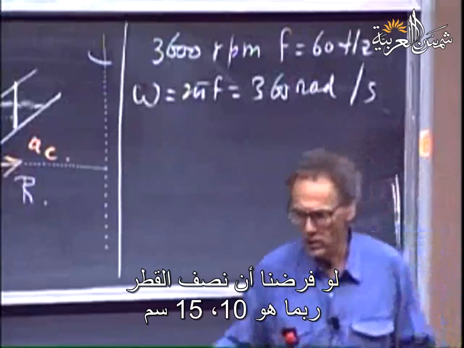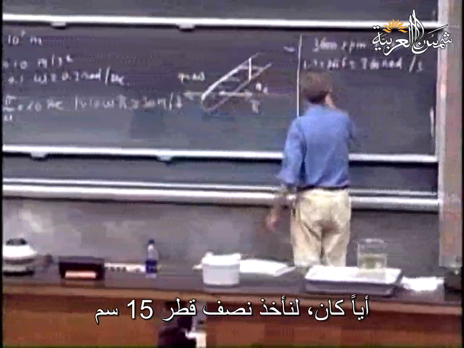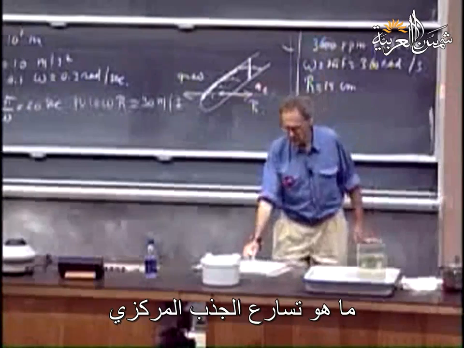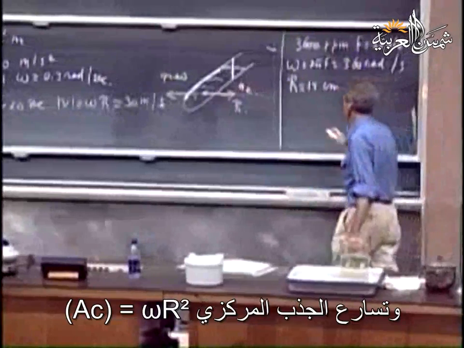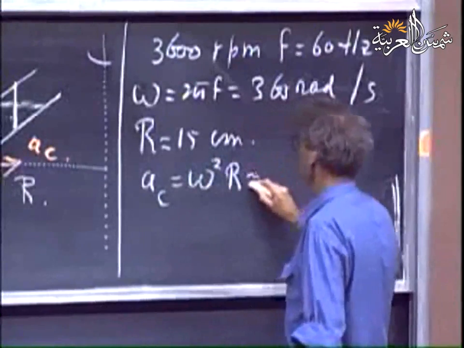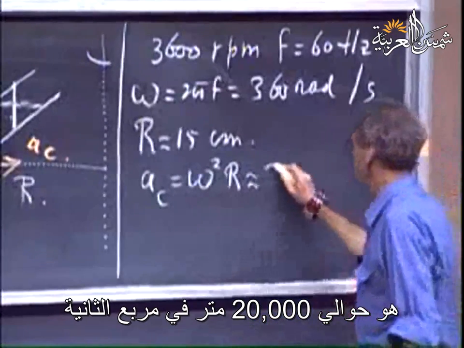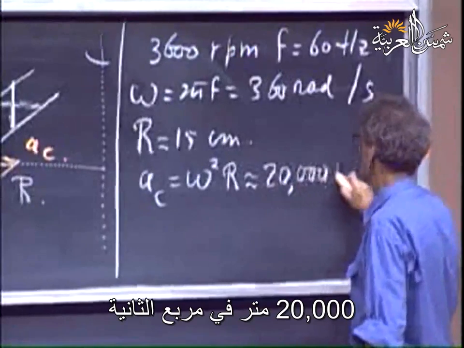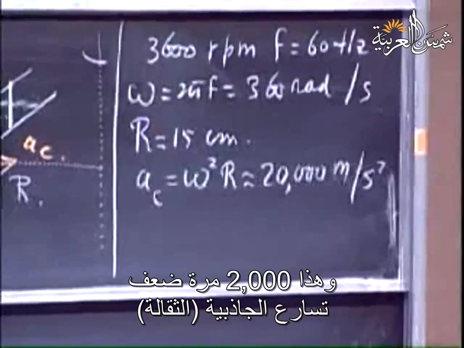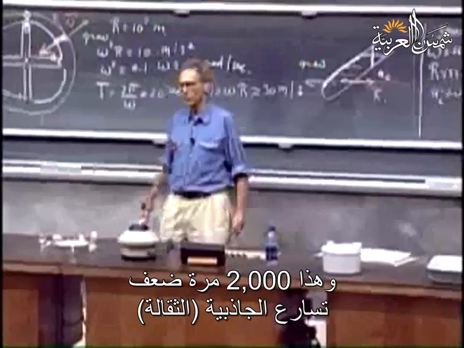If we assume that the radius is maybe 10, 15 centimeters, whatever, let's take a radius of 15 centimeters, we can calculate now what the centripetal acceleration is. The centripetal acceleration a_c, which is omega squared r, is then roughly about 20,000 meters per second squared. And that is 2,000 times the gravitational acceleration.